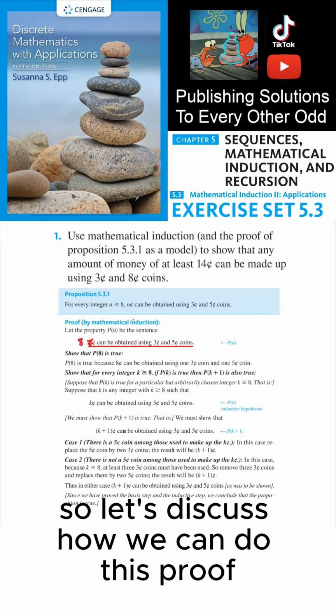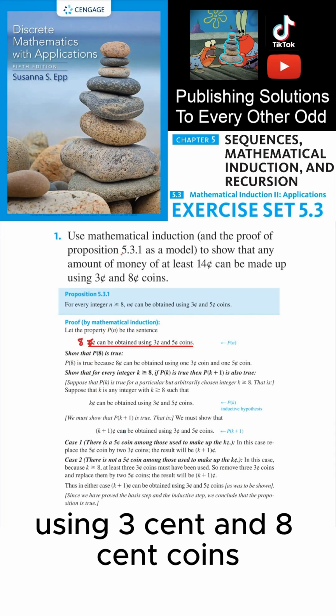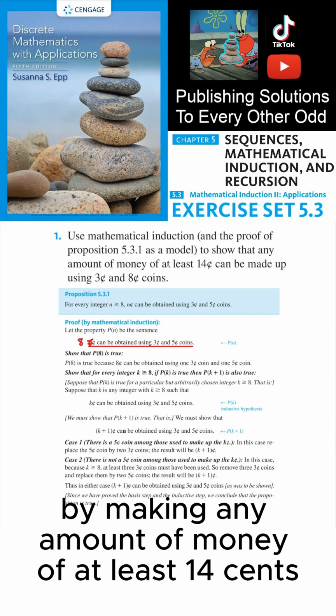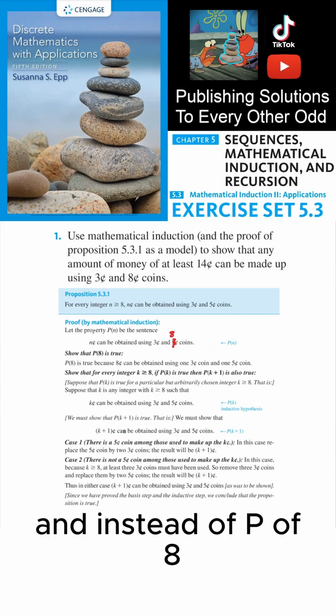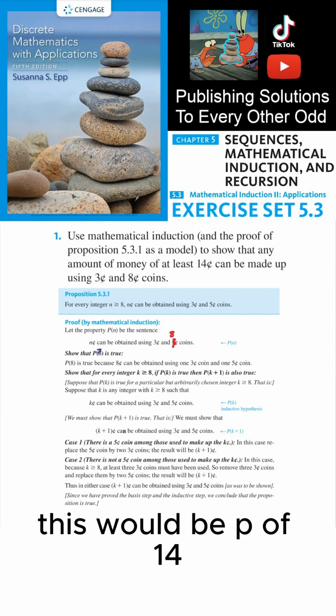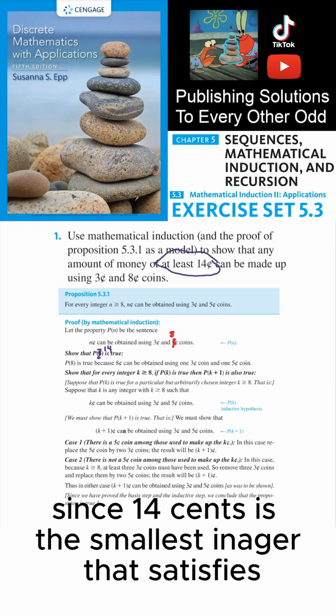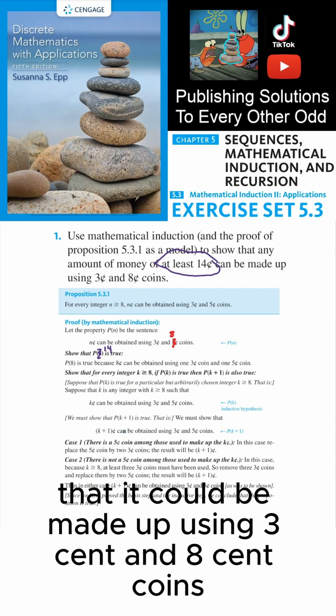So let's discuss how we can do this proof using 3-cent and 8-cent coins by making any amount of money of at least 14 cents. Well, the only difference here is we replace this 5 with an 8, and instead of P of 8, this would be P of 14, since 14 cents is the smallest integer that satisfies this condition that it could be made up using 3-cent and 8-cent coins.